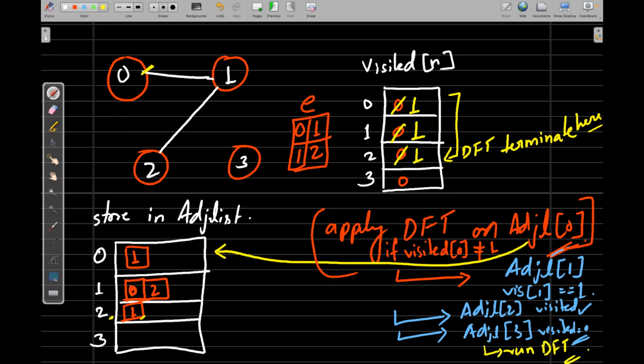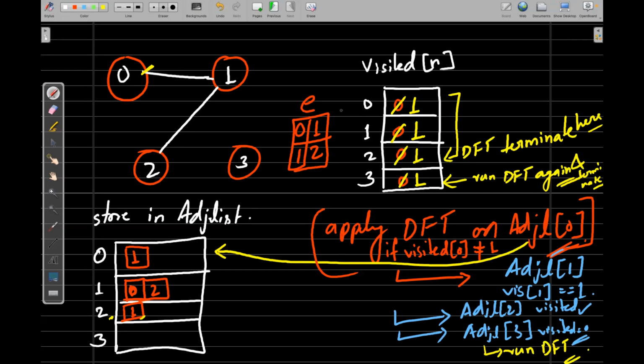So ultimately, how many times does a DFT run in the whole process? Then DFT runs again, and what will happen? It will mark this visited and look for whether 3 is connected to other nodes. There is nothing, so it will terminate. So how many times is DFT running?